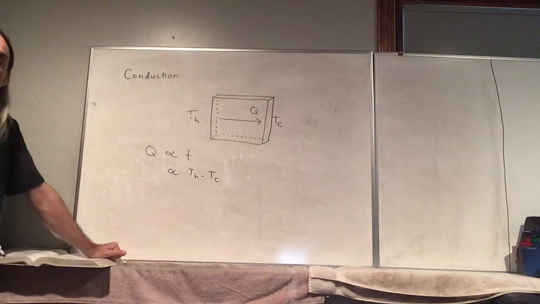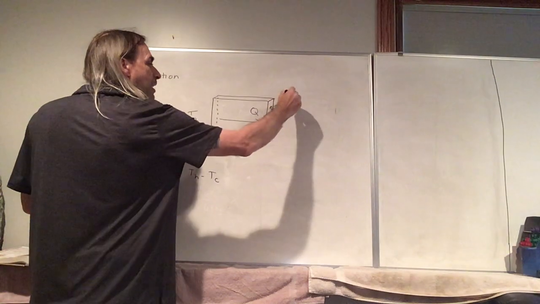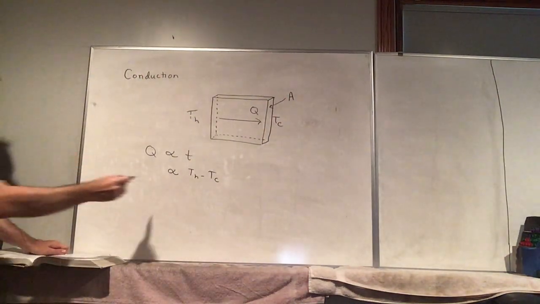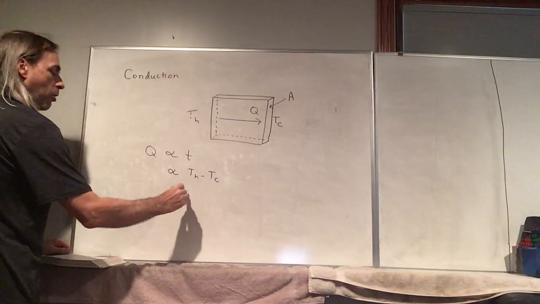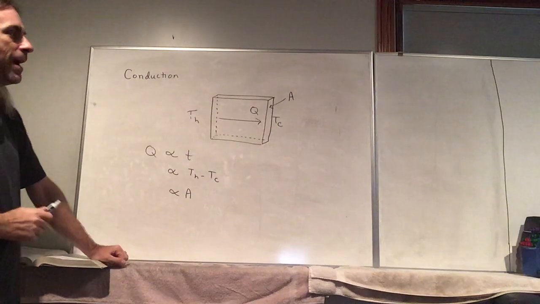Perpendicular to that direction of flow, we have a cross-section area. I'm going to say that the heat is proportional to the area, and that should be kind of obvious.